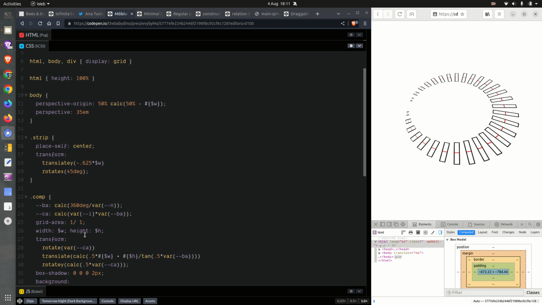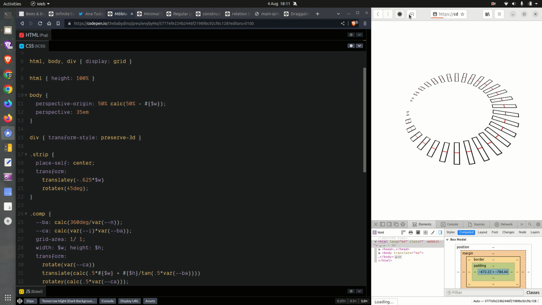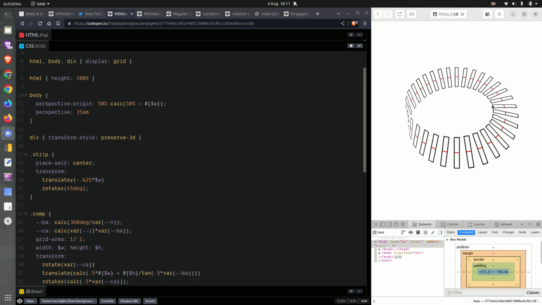We're also going to want these components to have two faces, a front and a back, and those are going to be pseudo elements that also get transformed in 3D. So we are going to set on all div elements transform style preserve 3D, so that we can have 3D transformed children inside 3D transformed parents. And now you're going to see how this actually looks 3D.